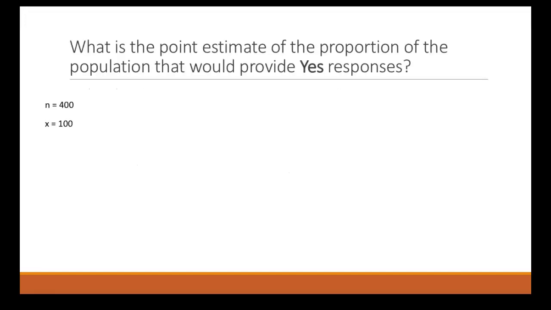So this first part, the point estimate of the proportion. We have our sample size of 400, and we have what we're going to call X of 100. That's our number of yes responses.